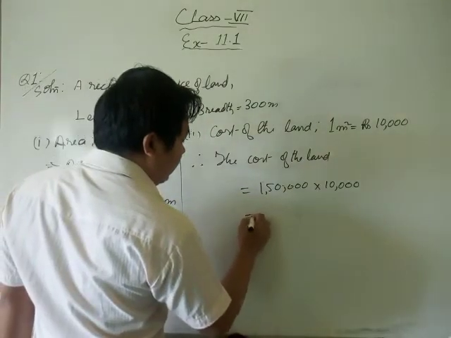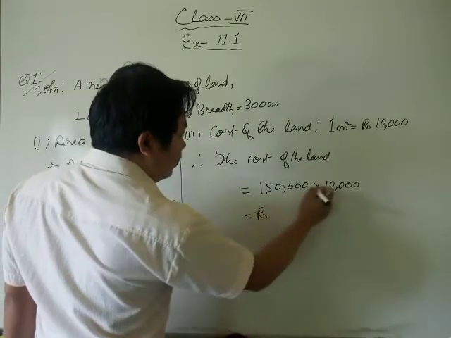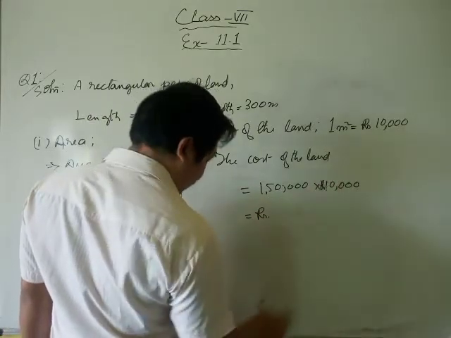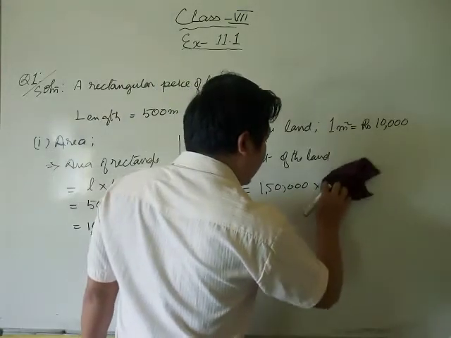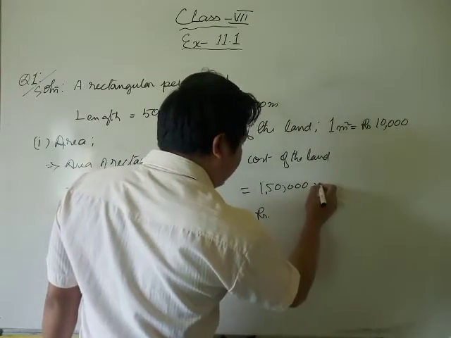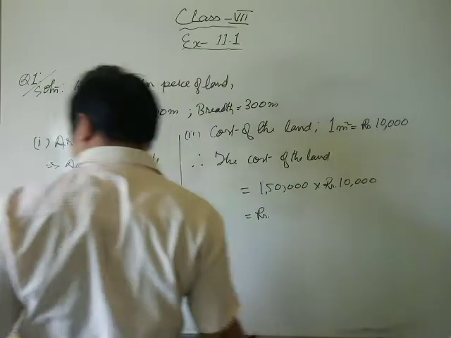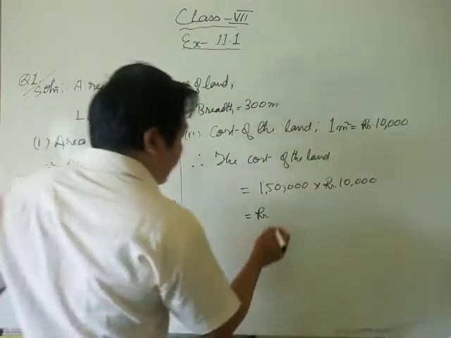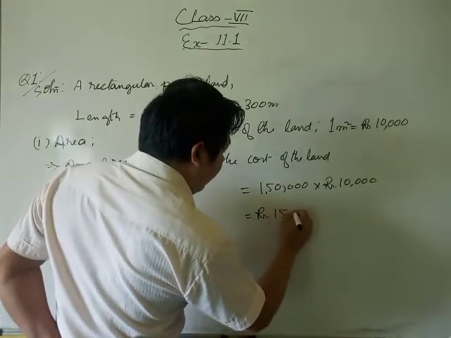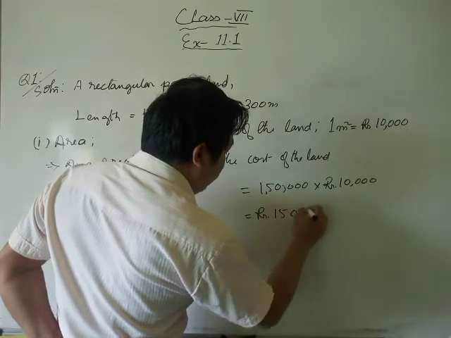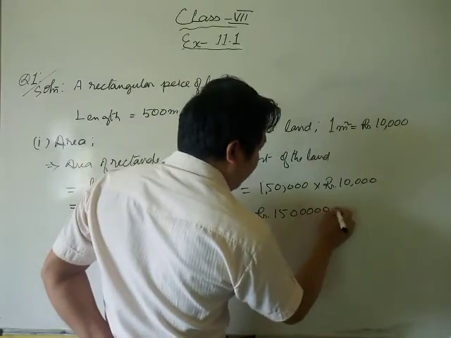Then equal to rupees how much? This is rupees, isn't it? 10,000. Then 1, 5, and then 1, 2, 3, 4, 5, 6, 7, 8.